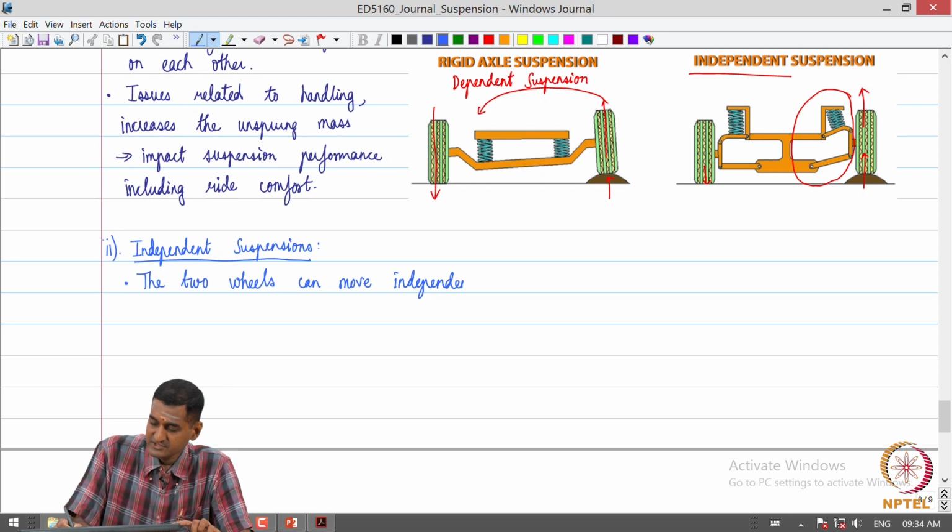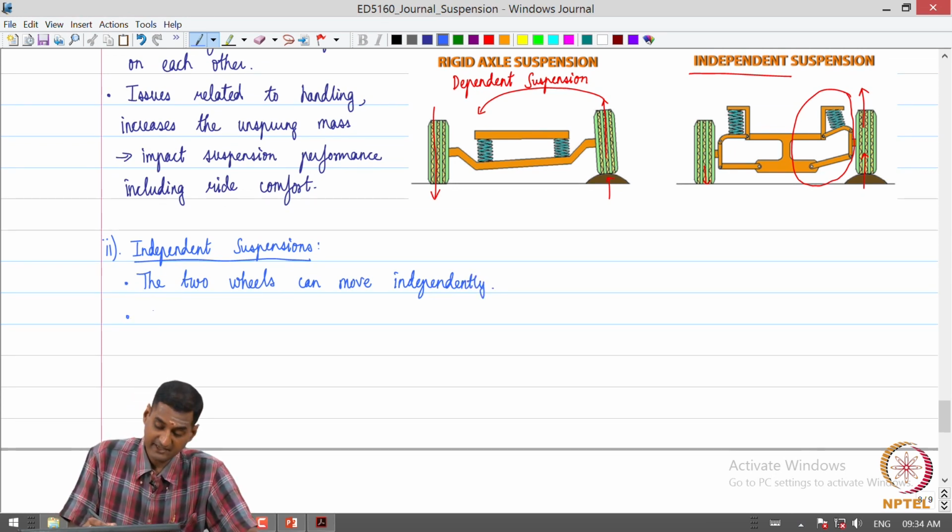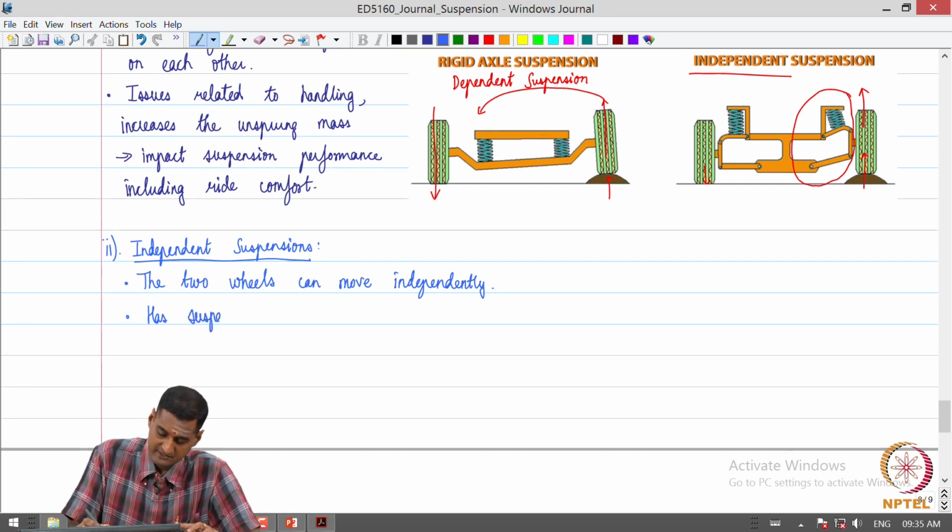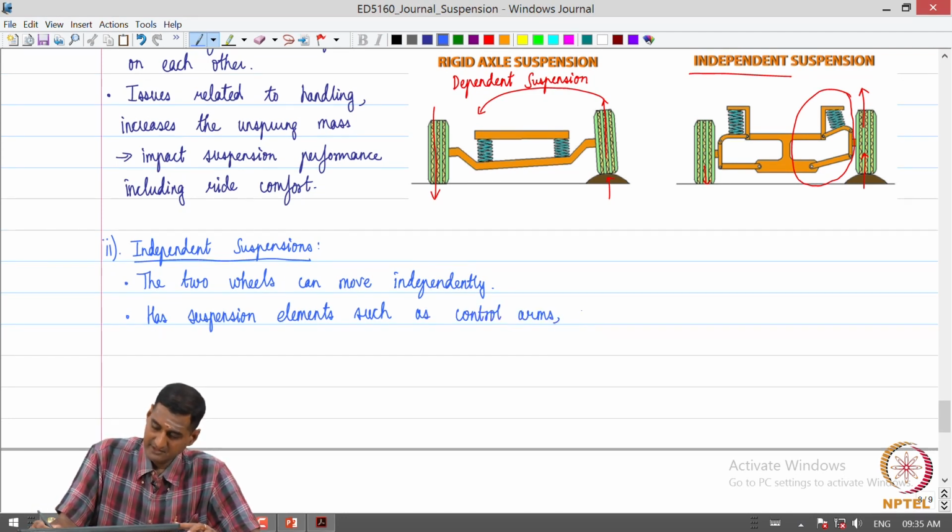What we have is suspension elements such as control arms, wishbones, trailing arms. So, these are all elements.